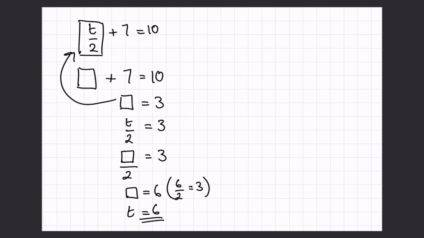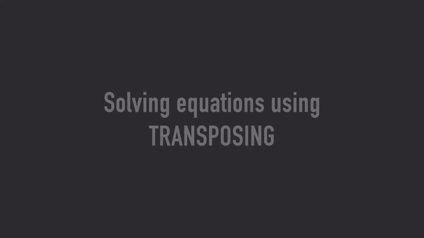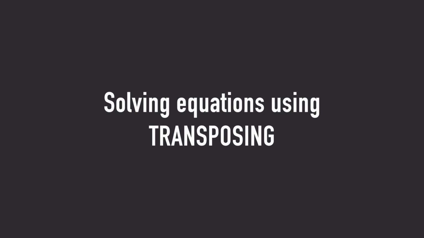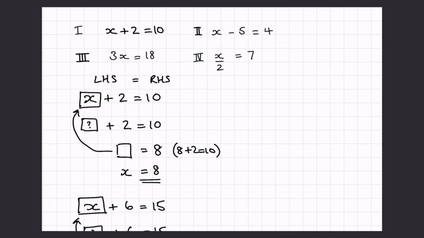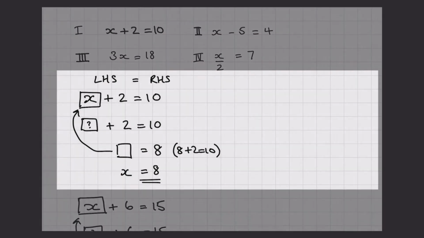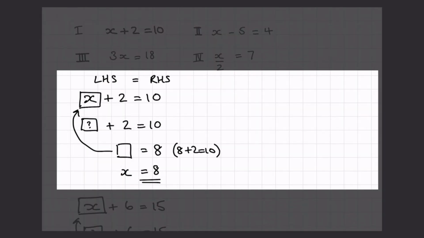Now let's go back over these questions, and let's now have a look at what we mean by transposing. So this was the first equation that we looked at. X add 2 is equal to 10. So let's write that down over here.